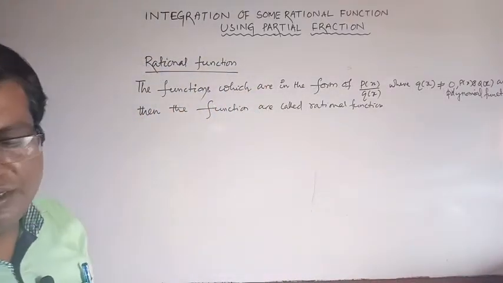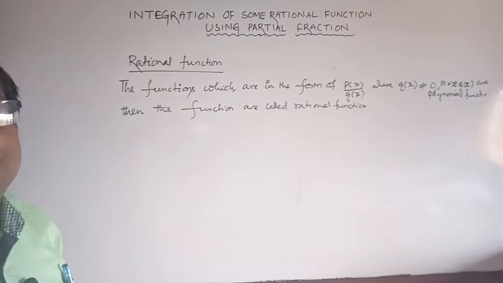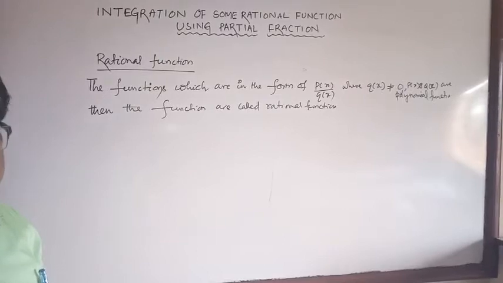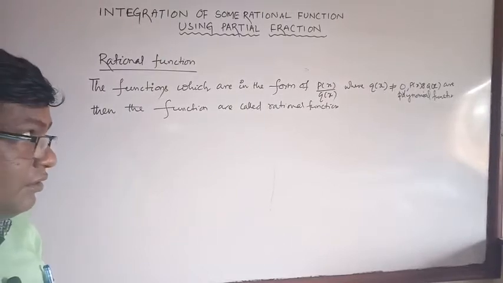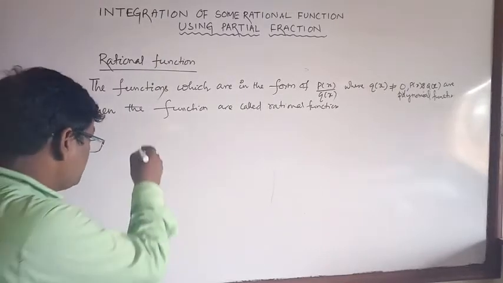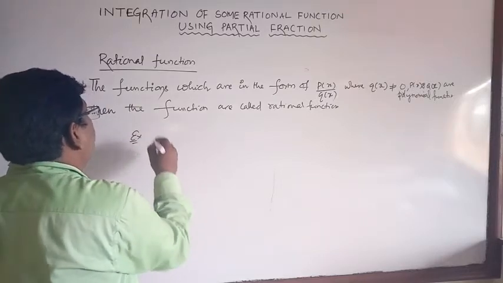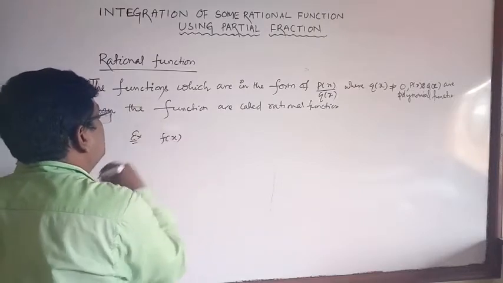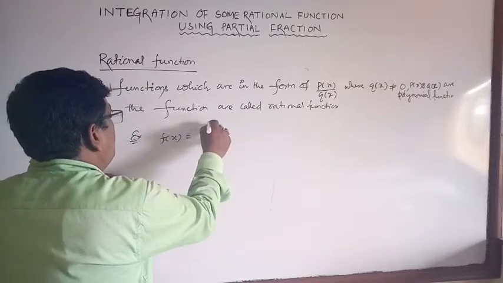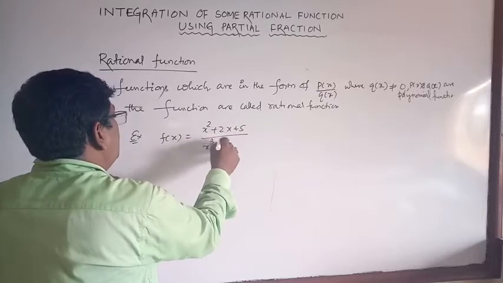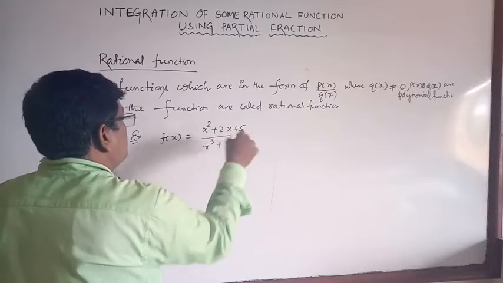For example, f of x is equal to x square plus 2x plus 5 divided by x cube plus 3x minus 1.